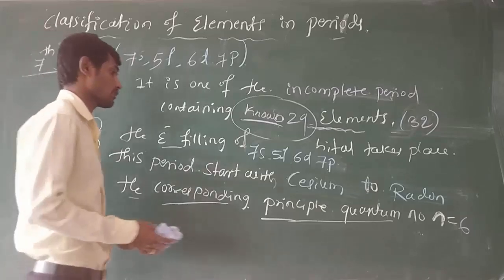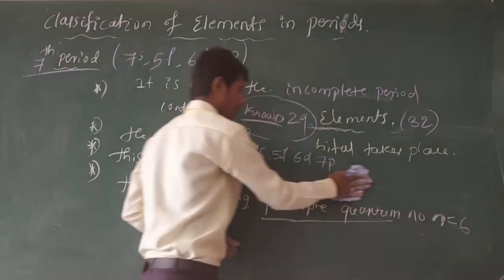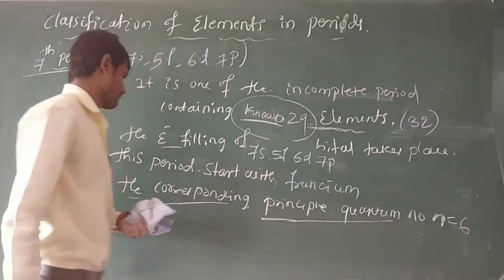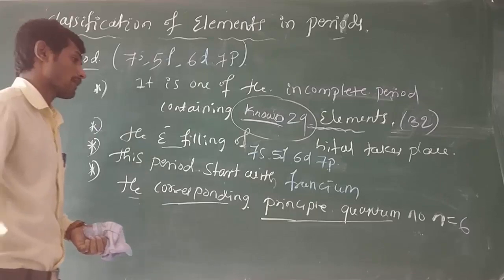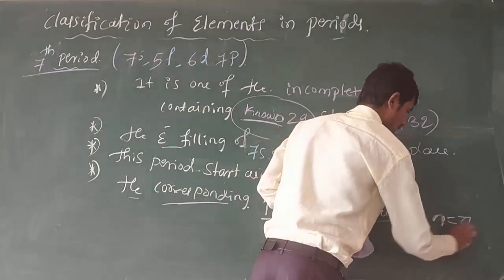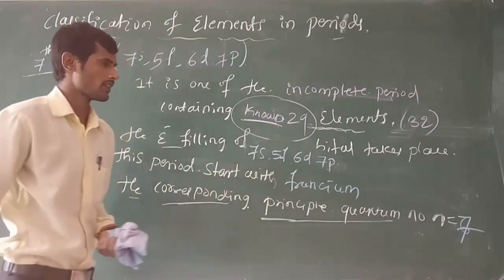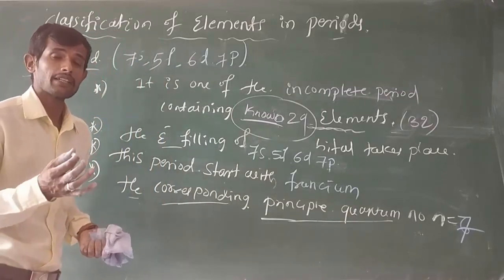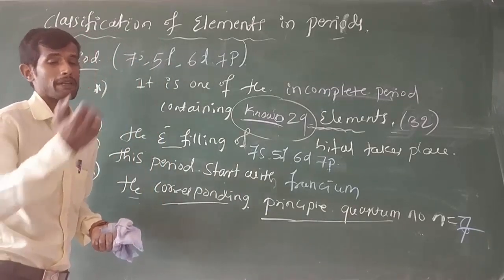Remember, it starts with francium, and the corresponding principal quantum number here is n equal to 7. Yes, this is about the classification of elements in particular periods.